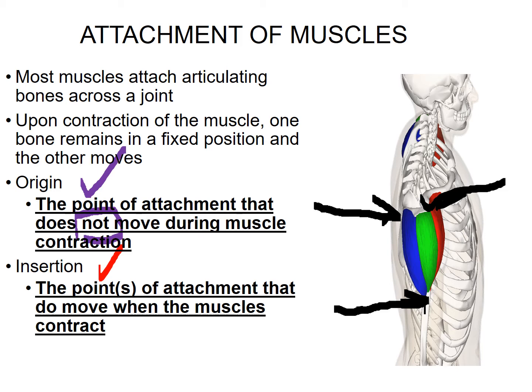So by this example, what we're looking at is the origin of the deltoid is near that claviculo-scapular area, and the insertion is on the humerus. So the humerus is what moves on the deltoid. And I'll give you some more examples of origin and insertion as we progress through some of these muscles that let you know what part is actually moving the muscle.